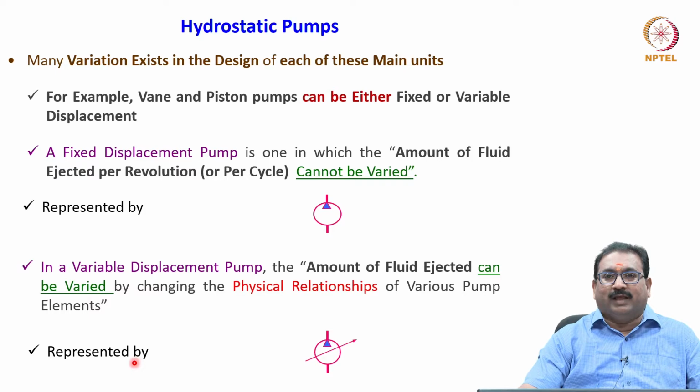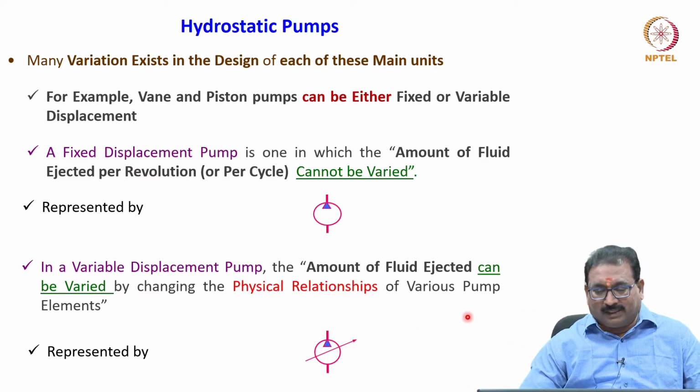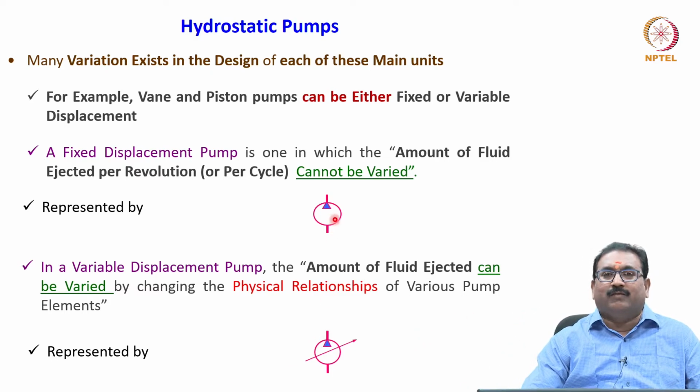Already we know how they are represented: one arrow mark over the same symbol. Circle with filled triangle, inlet, outlet, and the arrow, meaning the displacement per revolution or per cycle can vary based on the requirement. They are quite expensive compared to fixed displacement pumps.